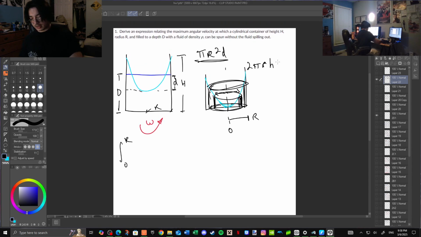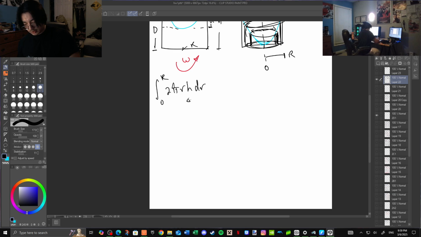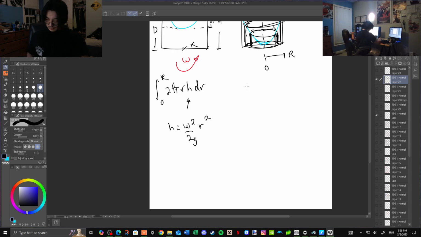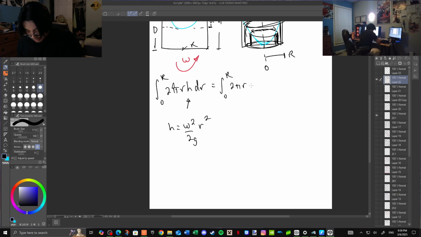And we are taking it at different values of dr, so we can plug that into the integral. And h in this case, as we found in a scenario from class, would be equal to omega squared over 2g times r squared. So we can plug that into the equation: 2 pi r, plug in h, omega squared r squared over 2g dr.